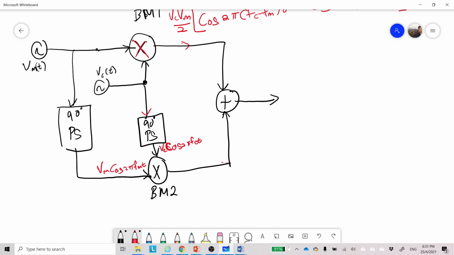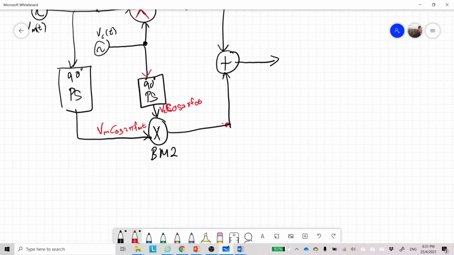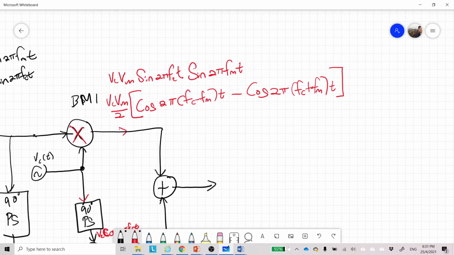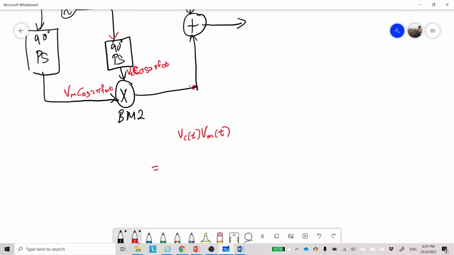Okay, so what happened at the output of the second balance modulator? Again, both of these will be multiplied. VCT will be multiplied with the VMT. Okay, so this will produce the same like this, VCVM, but now is cos. Okay, cos 2 pi FCT cos 2 pi FMT.